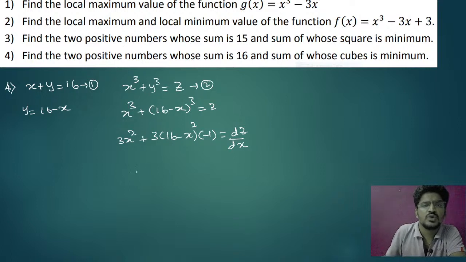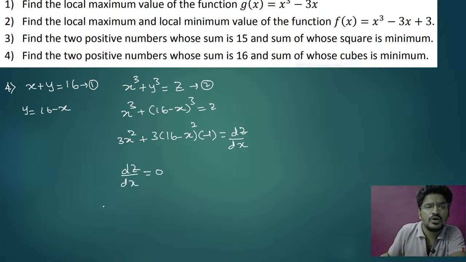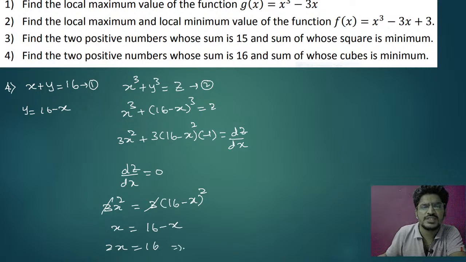By equating this to 0, what are you going to get? 3x square will be equal to 3 times (16 minus x) whole square. 3 will get cancelled. x will be equal to 16 minus x. 2x will be equal to 16. This implies x equal to 8.